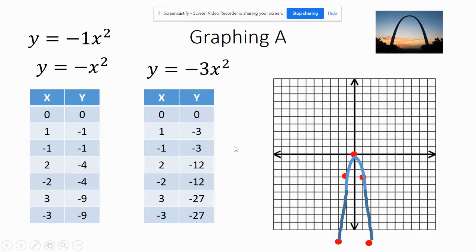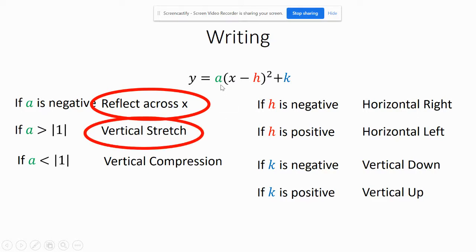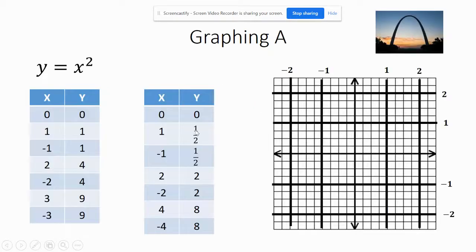Notice this one went down 3 and over 1 as a kind of slope for that first point. This is still a vertical stretch, but it reflects across x. This a did 2 things. The absolute value of negative 3 is 3, which is larger than 1, so it's still a vertical stretch, and because it was negative, it reflected across x. You're going to need to do that on your test anytime you have a negative.